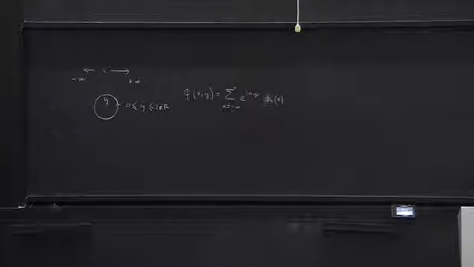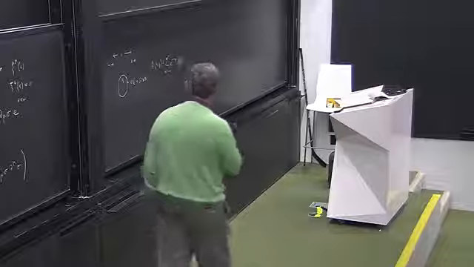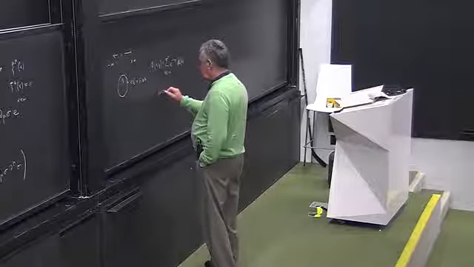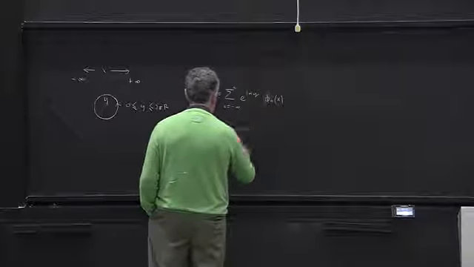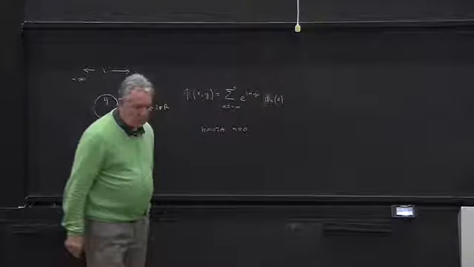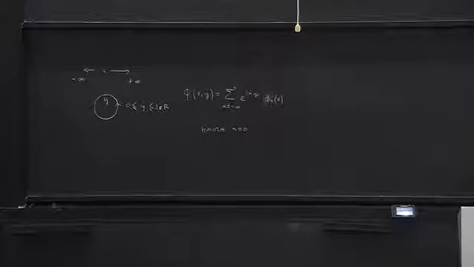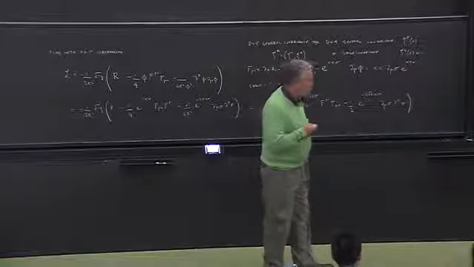And Kaluza's theory is just the first term in the expansion. So there are really infinitely many fields, of which the graviton, the photon, and the dilaton are just the n equals 0 modes.